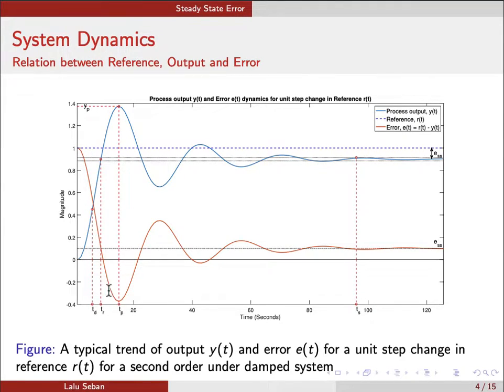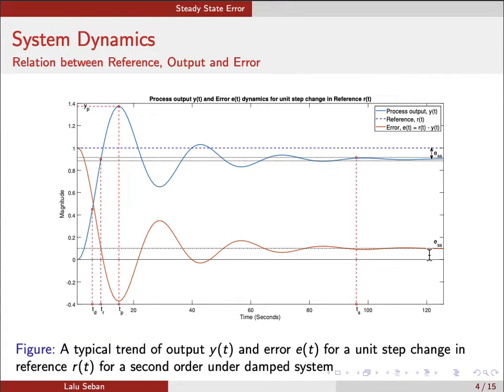We can clearly see the error dynamics in this red plot. Initially there is a transient state. The transient stage will be somewhere near 100 units of time.